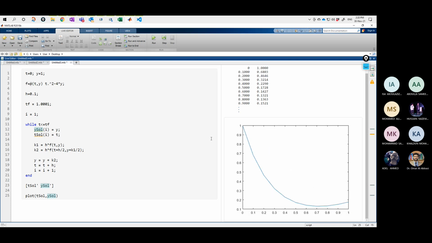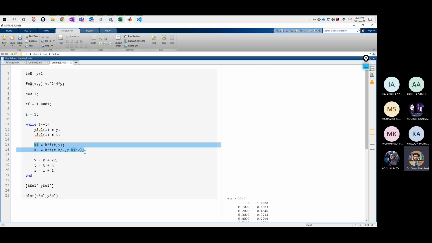Can you follow it, guys? This is the difference between Euler's method and the Runge-Kutta two-stage method. The only difference is adding the other weights and the slopes.